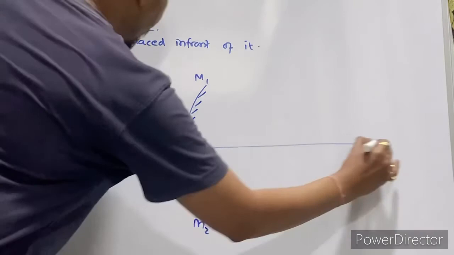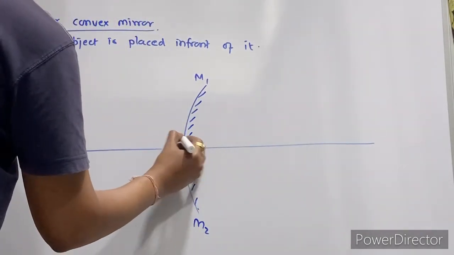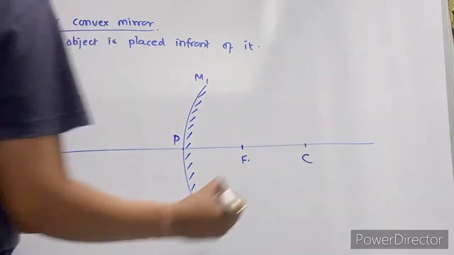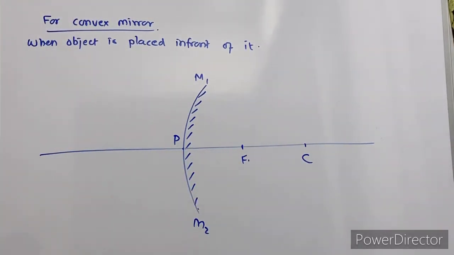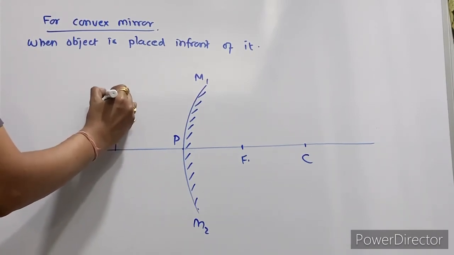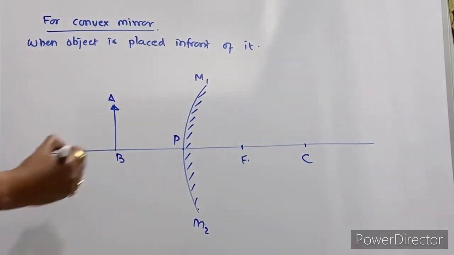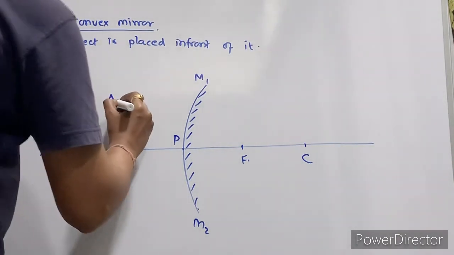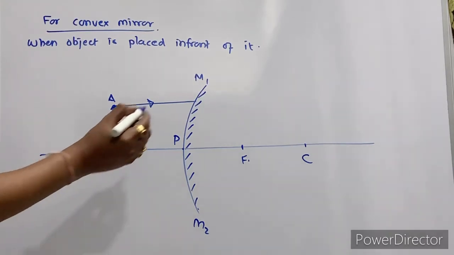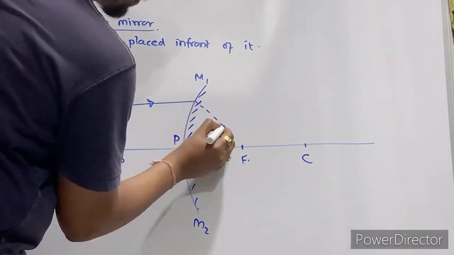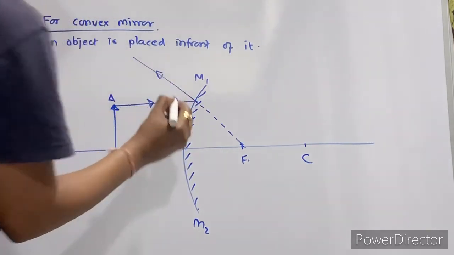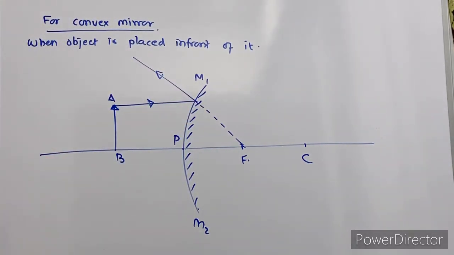This is the principal axis, this is the pole, this is your focus, this is your center of curvature, right? AB is my object. The first ray will go parallel to the principal axis. After this it will reflect like this. This is the first reflected ray.